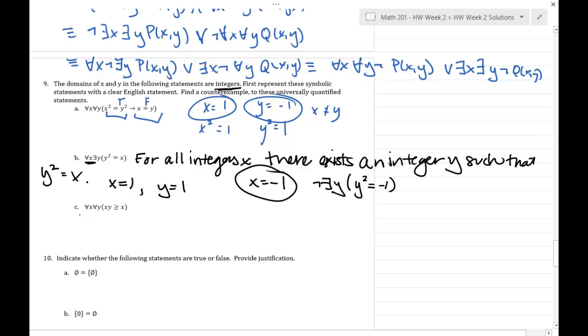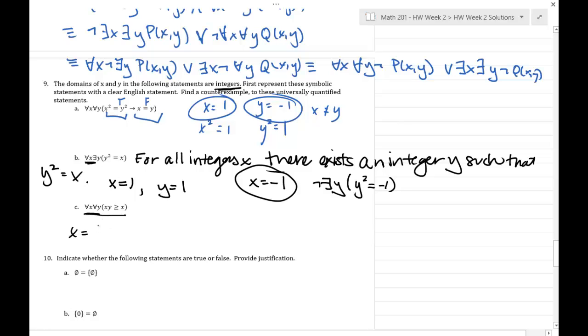Let's look at C now. This is a pretty strong condition: for all x, for all y. Just like in A, this means if I pick any combination of integers, I should be able to show that this inequality holds. So if I choose any integer x, any integer y, the product xy is always going to be greater than or equal to x. Again, just pick 2 integers at random.